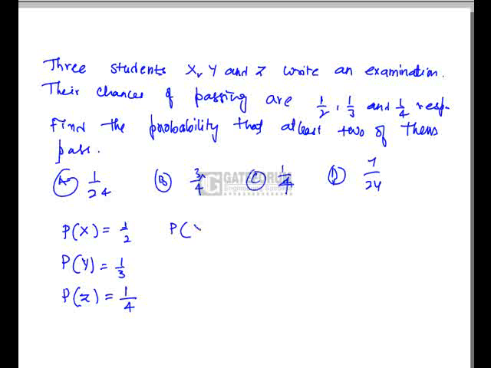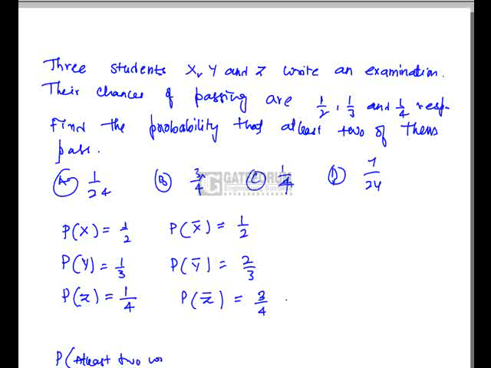The probability that x will fail is 1 by 2, y will fail is 2 by 3, and z will fail is 3 by 4. Now it is asking the probability that at least 2 will pass. That means minimum 2: the probability of 2 passing plus the probability of all 3 passing.